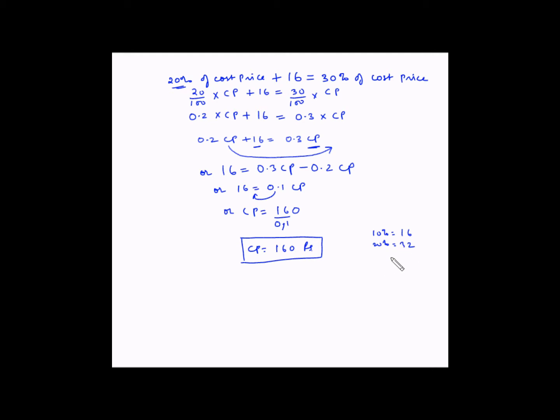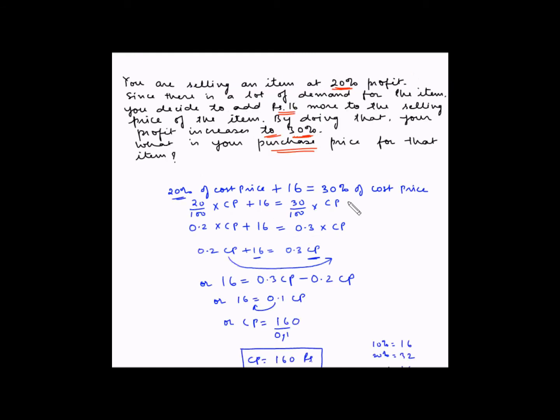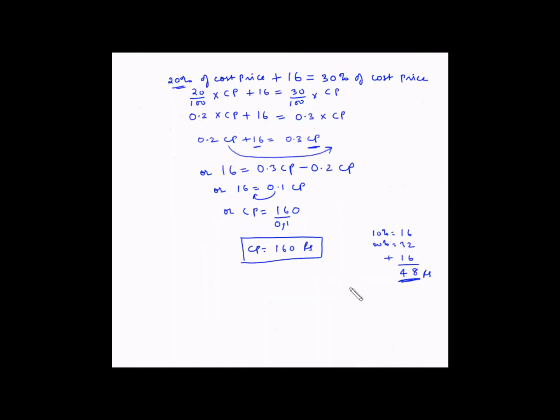Now to this we are adding rupees 16. So 6 plus 2 is 8 and 3 plus 1 is 4, so 48 rupees. And on the other side of the equation we have 30% of cost price. So 10% is 16, 20% is 32, and 30% will be 16 multiplied by 3, which is also 48.